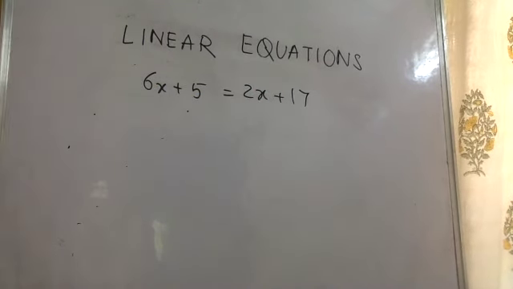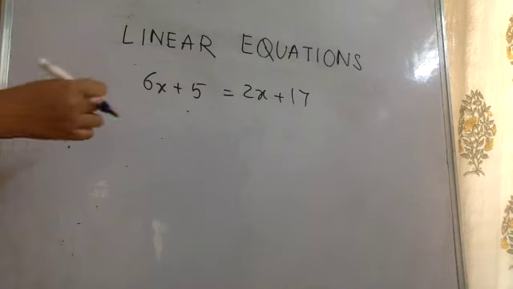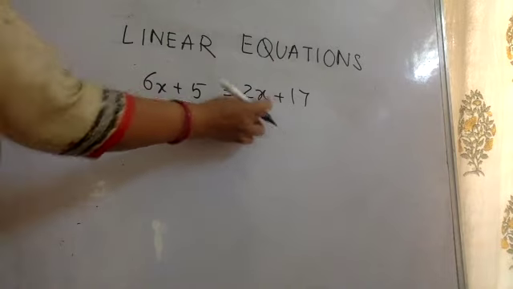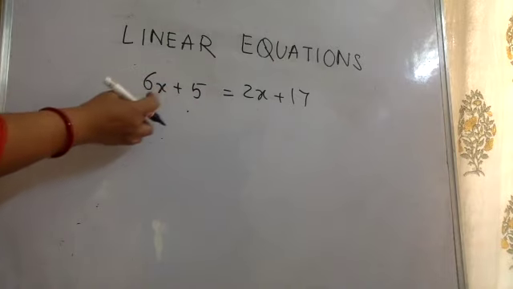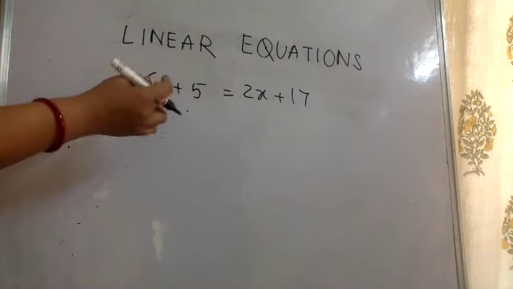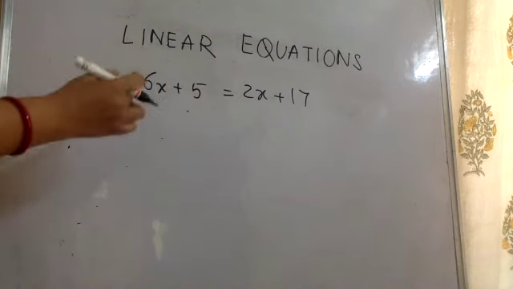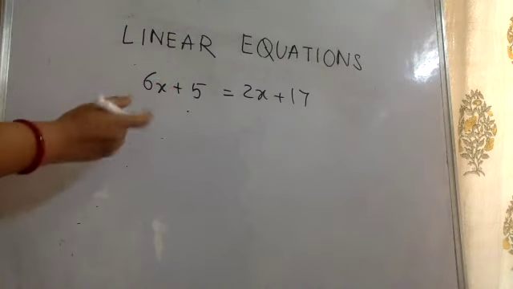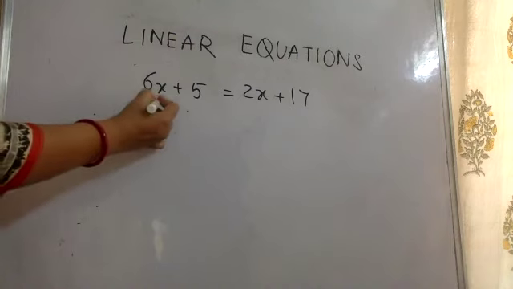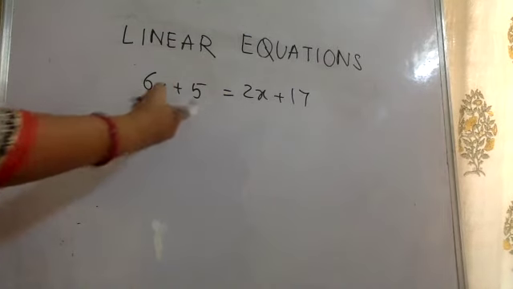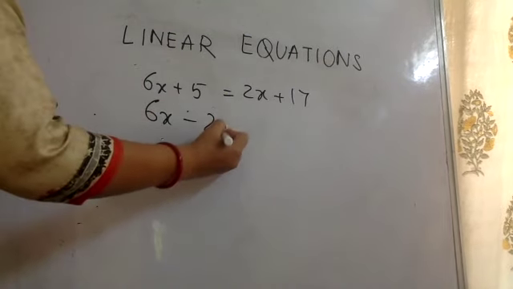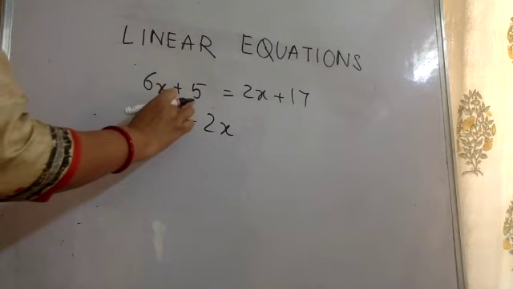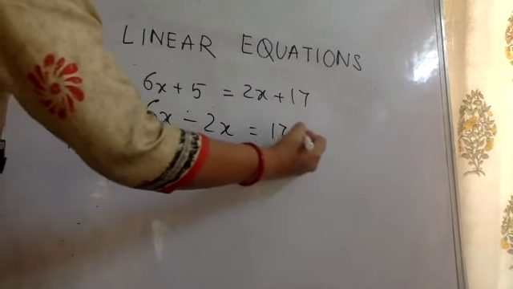Here we can see that this sum has the x on both sides. So the very first thing that we have to do is to bring the x to one side. All x terms have to be brought to one side, and we are going to use transposition for that, and all number terms, that is this constant, go to the other side.